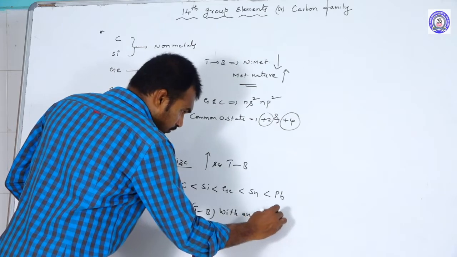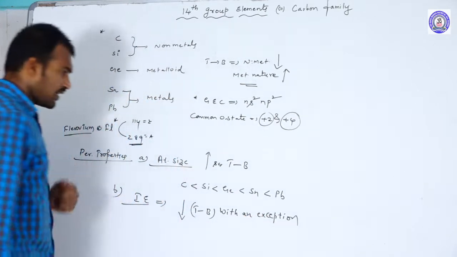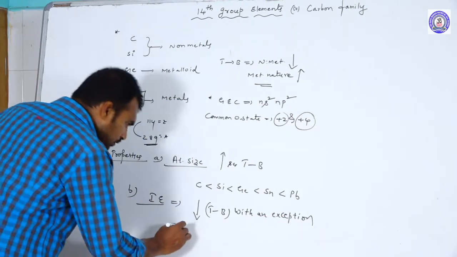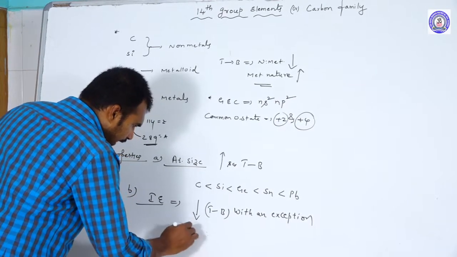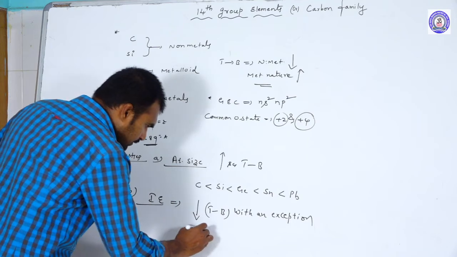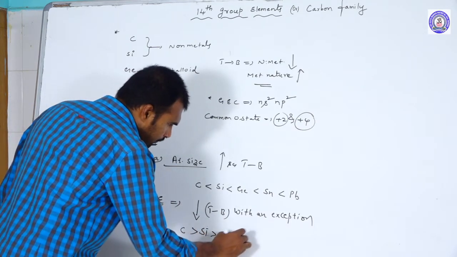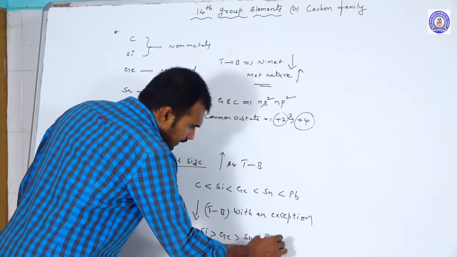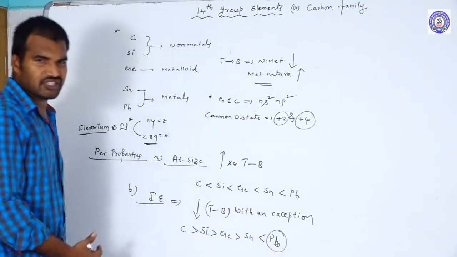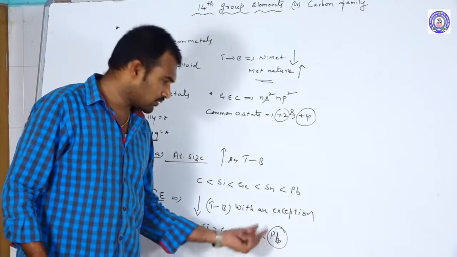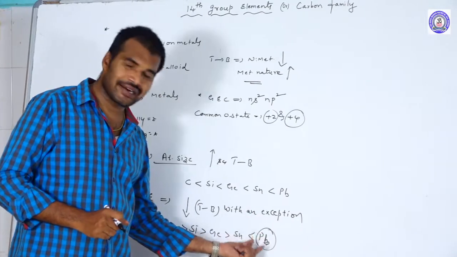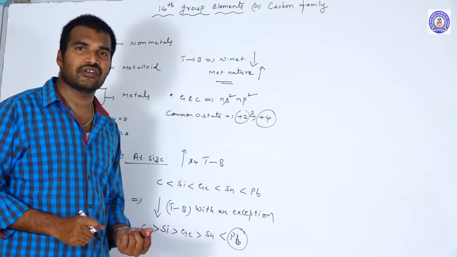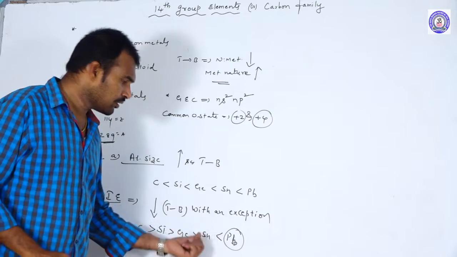Carbon has the most, then silicon, germanium, tin, but lead is exceptionally having more ionization energy than tin, because of lanthanoid contraction.